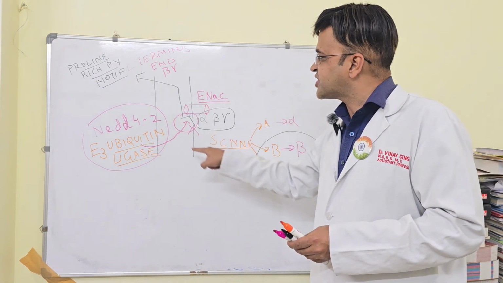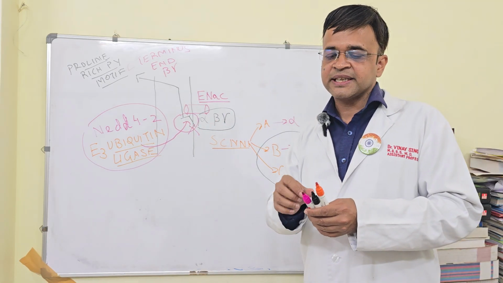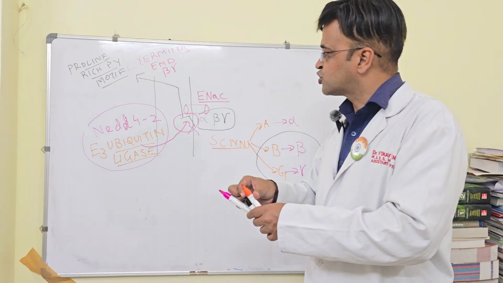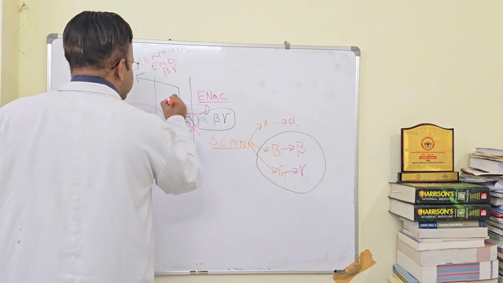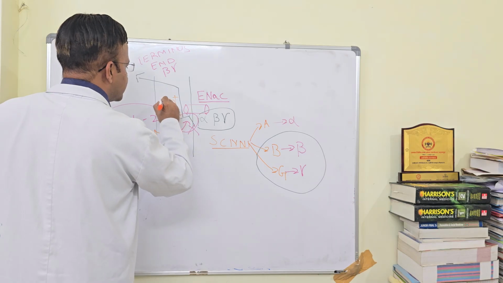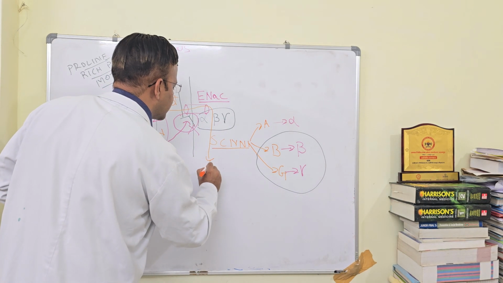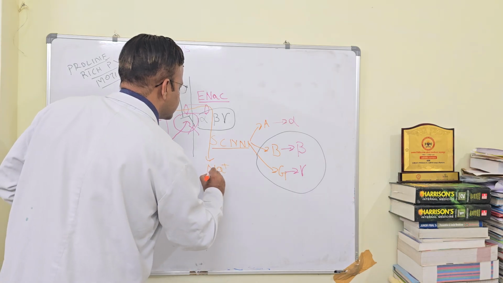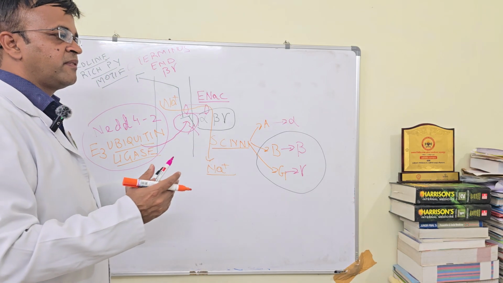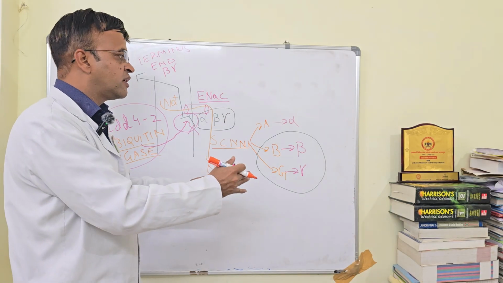Now, if the ENaC channels don't get degraded, then what is going to happen? You have sodium ions inside your collecting duct, and these ENaC channels are going to reabsorb sodium. And what we have learned is that wherever sodium goes, the water follows.